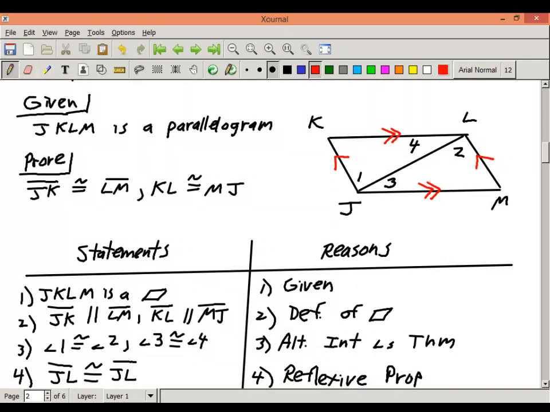Okay, so now in statement three, we can say angle 1 is congruent to angle 2. So we got this angle and this angle congruent because you see two parallel lines here cut by a transversal. So the left and right sides are the parallel lines. So it's the alternate interior angles theorem.